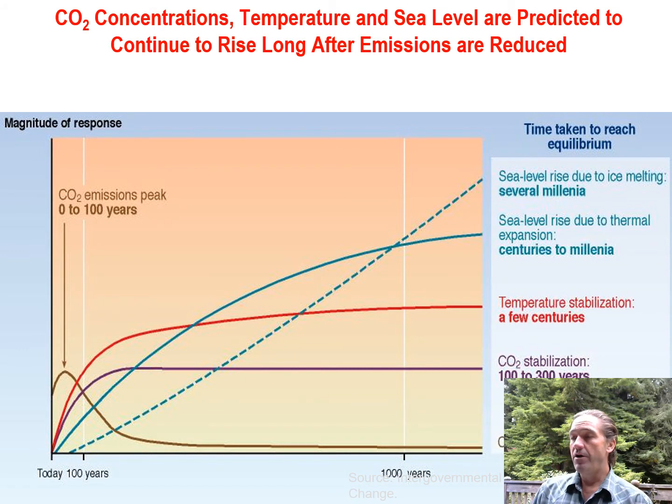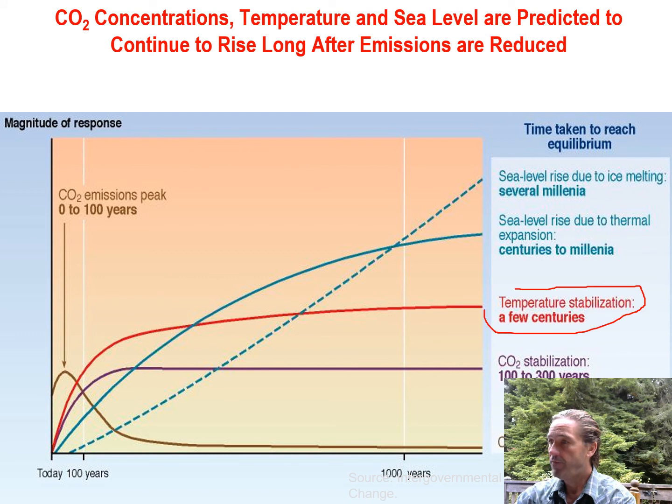And in doing so, what that has done is it's affected, of course, the temperature for centuries. And this is the air temperature. And notice what these curves look like. These look like equilibria curves.